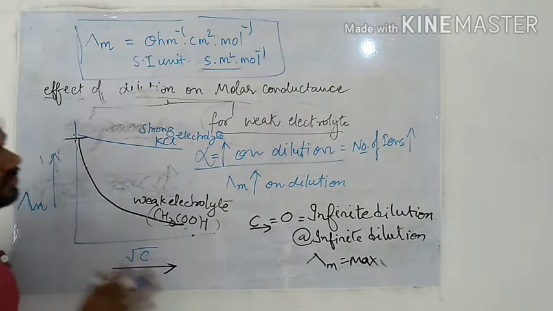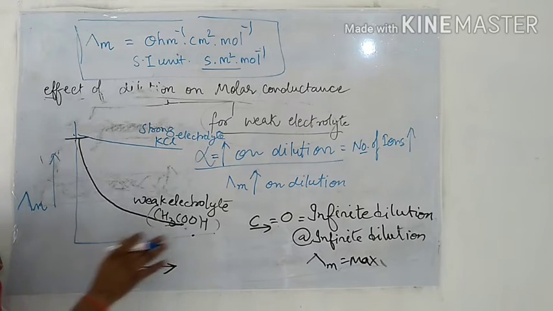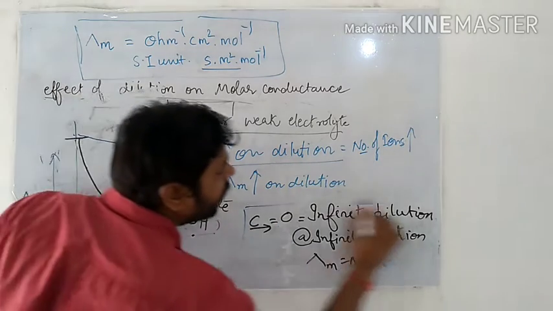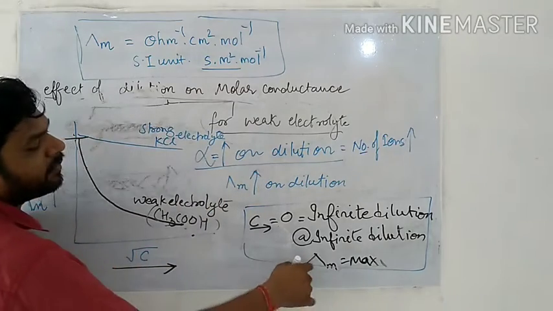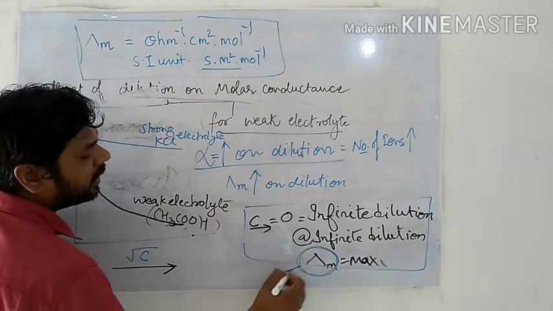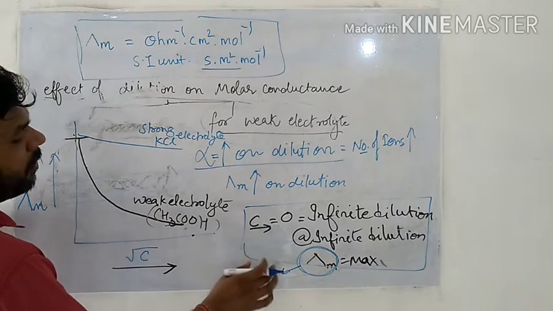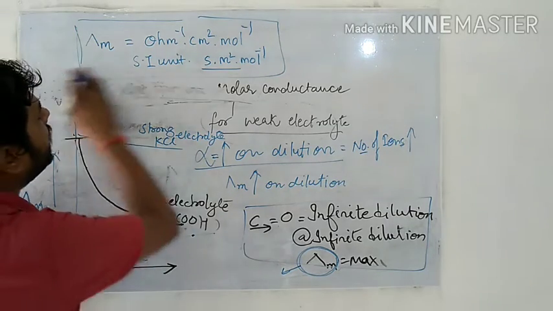At infinite dilution, where the concentration tends to zero, the molar conductance is highest. When the concentration is zero, at this time lambda m is called molar conductance at infinite dilution.